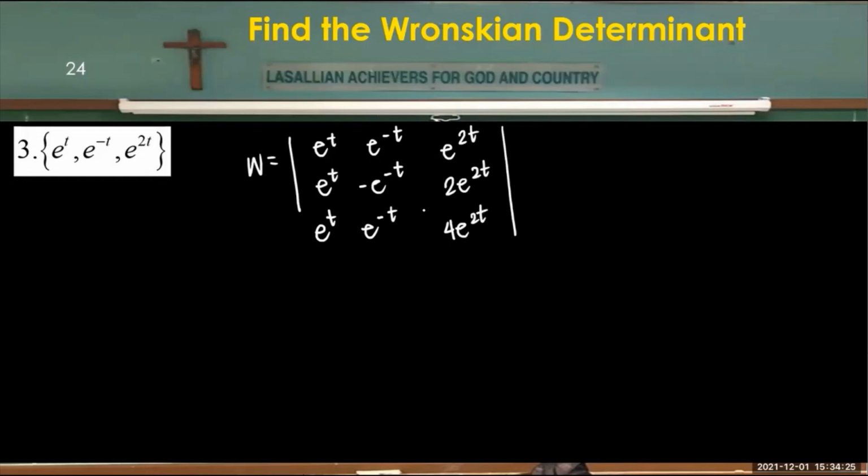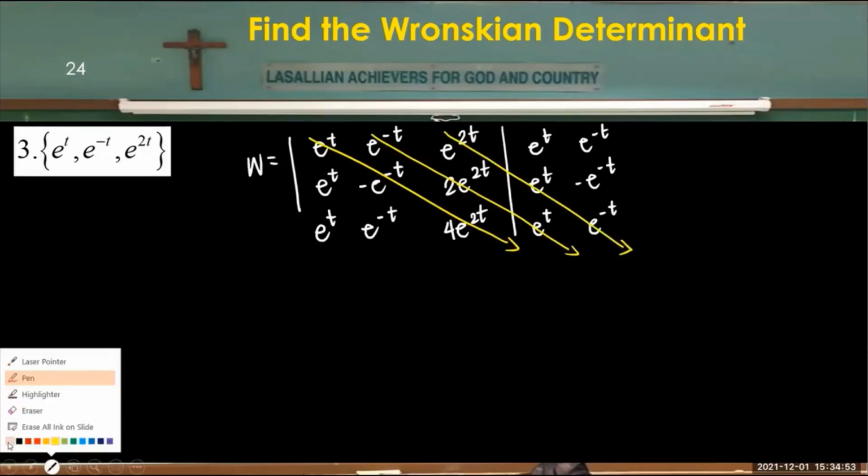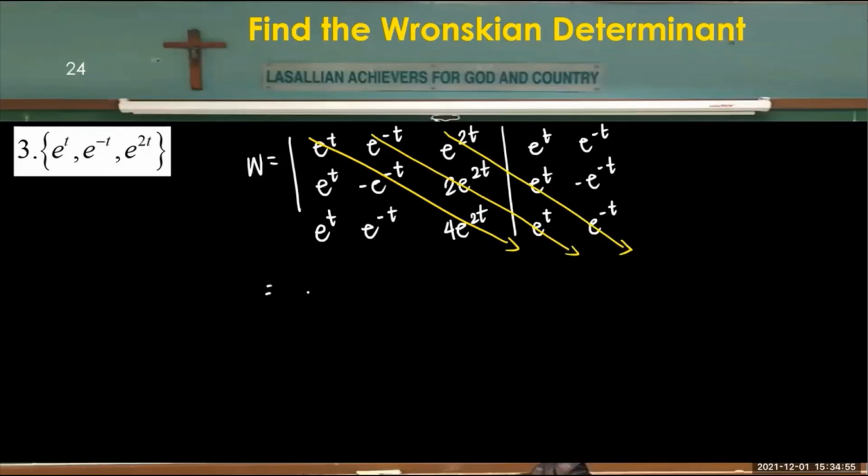Okay, so let's copy the first two columns. All right. Let's go to the primary diagonals. When you multiply those, negative 4, right?